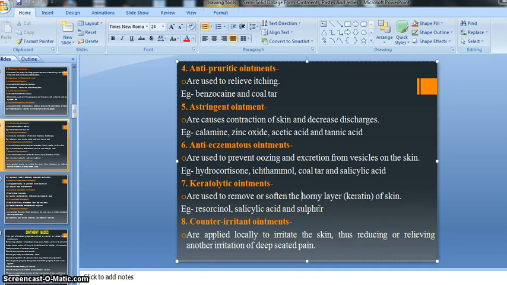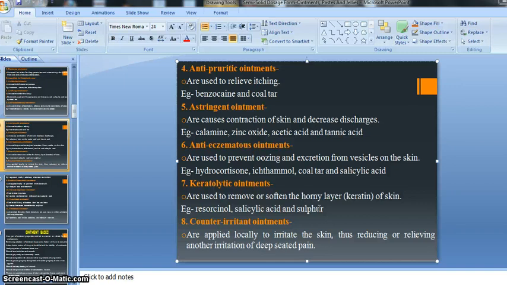In winter season also, I think you have experienced that dead cells or dead skin are removed from our skin, that is the horny layer. In that condition the keratolytic ointment is prescribed for the removal or softening of that horny layer of the skin.